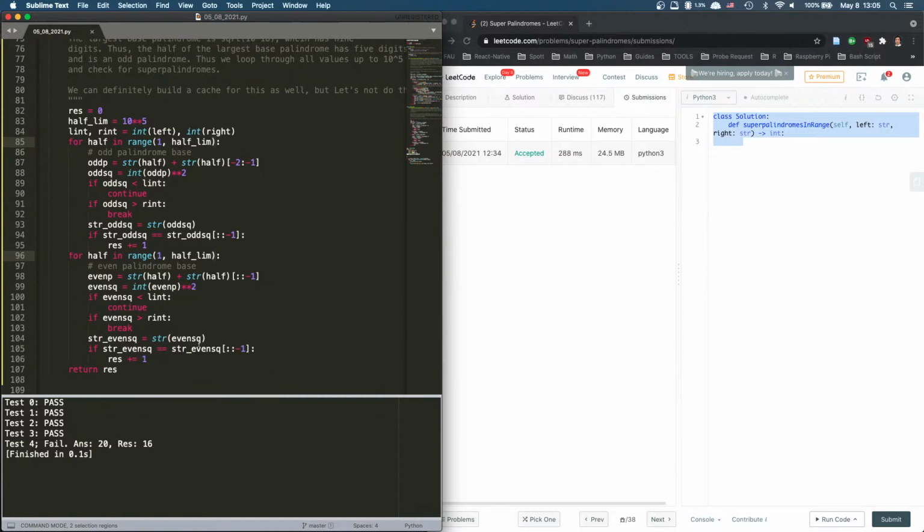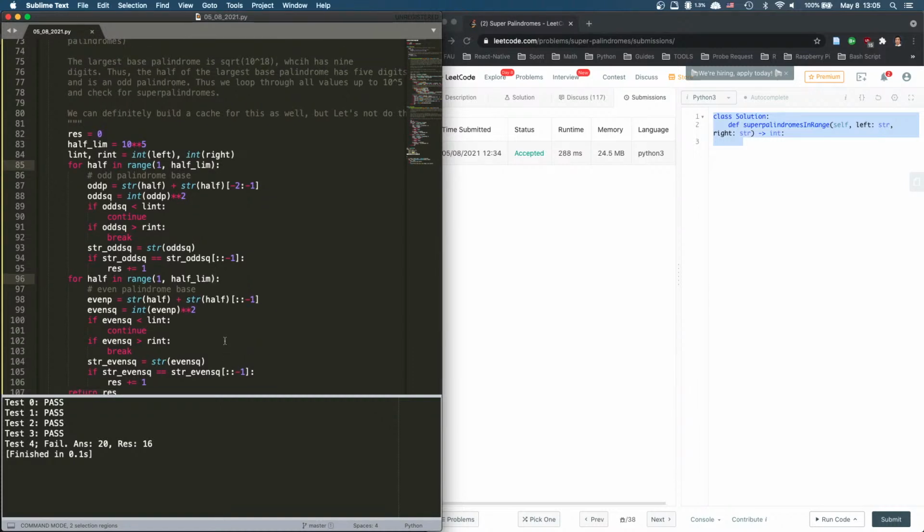Oh, what is it? Something is missing. I want to debug, or you want to just check the result, kind of see what is missing. Honestly, I don't understand.